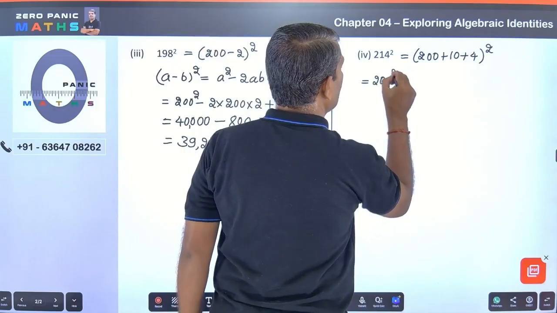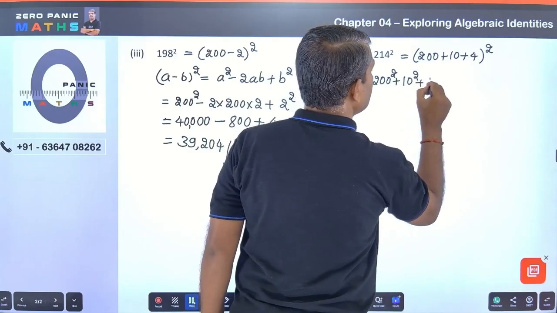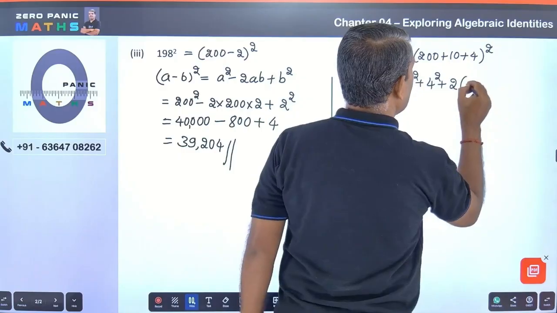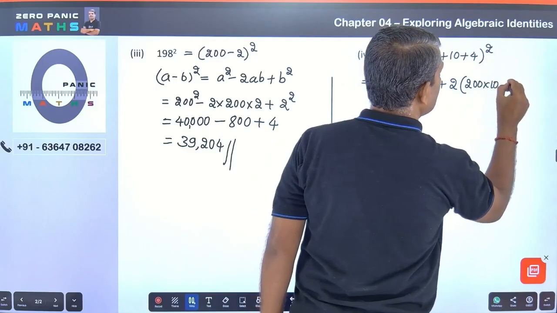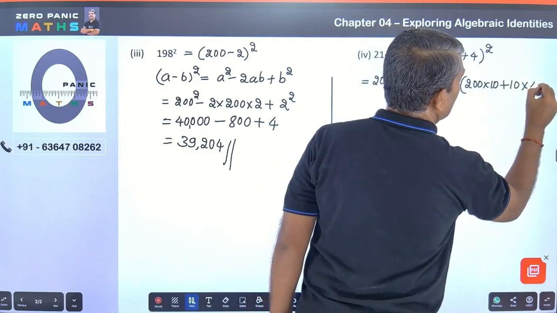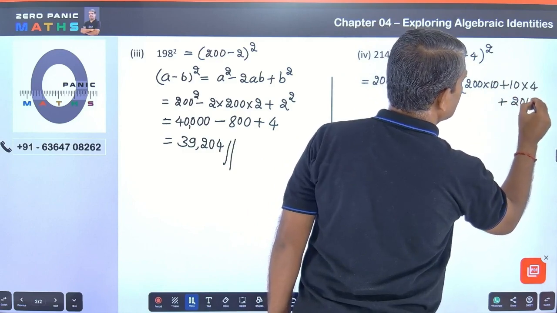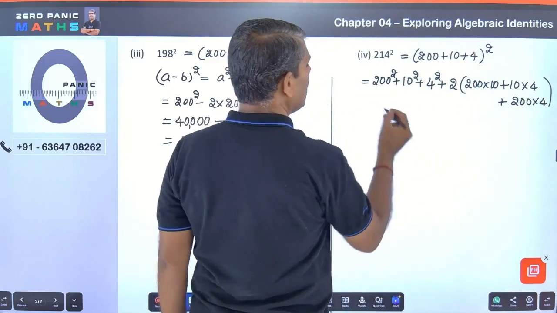You know that formula: a square plus b square plus c square, and 2 times of ab plus bc plus ca. Here ab is 200 into 10, bc is 10 into 4, and ca is 200 into 4. So this is the formula.